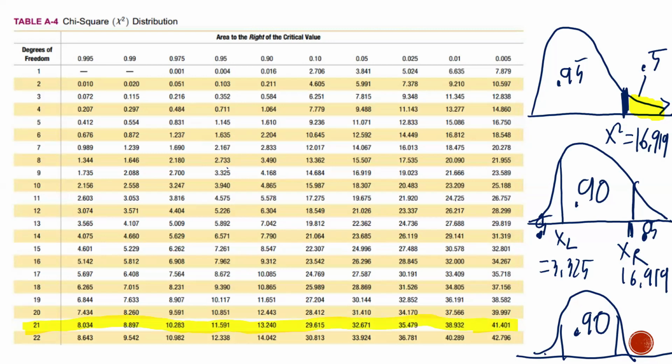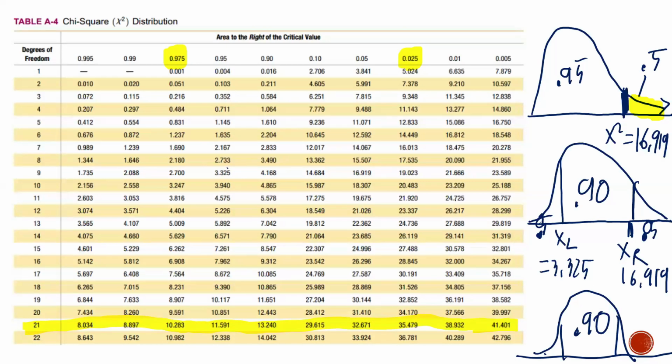And we said the first area to the right for chi-squared L was 0.975, and the other one is, there's different ways to think about it.